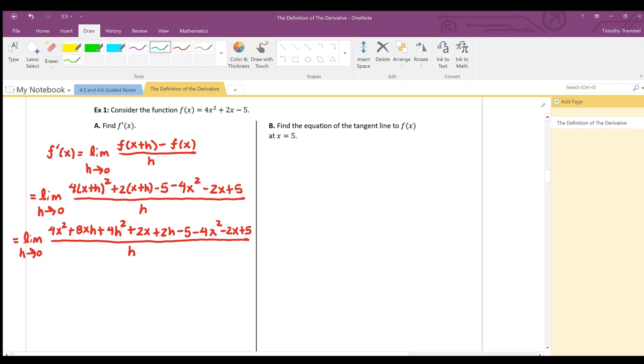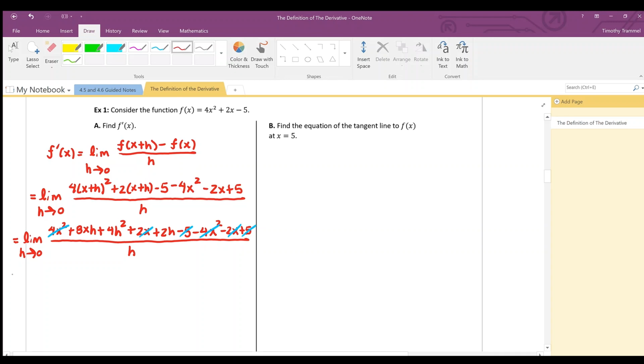Let's see what cancels. And if we have done this correctly, we'll only be left with terms in the numerator that have h's. For instance, this 4x squared hopefully cancels with something. Let's see. Minus 4x squared, good. And then 2x and minus 2x, and minus 5 and positive 5. So let's write down what we're left with.